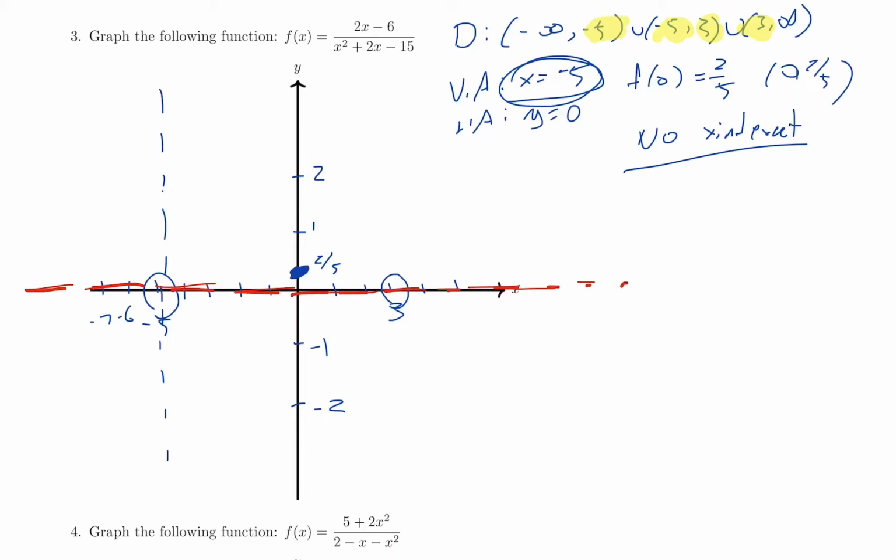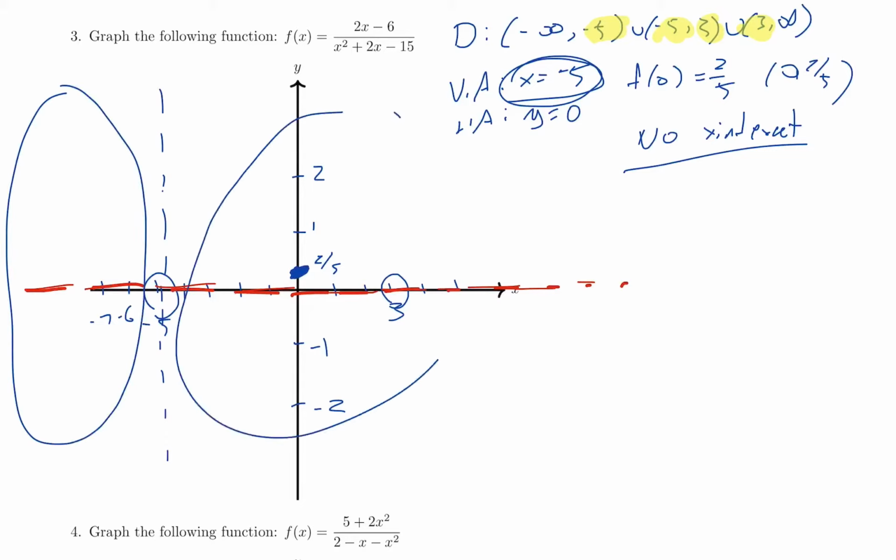When you graph a rational function, think of it as having two parts. In this case we have one vertical asymptote, so we have two parts: a section left of the vertical asymptote and a section right of it. We draw one section at a time. If there are two vertical asymptotes, we have a three-part graph. Keep that in mind.